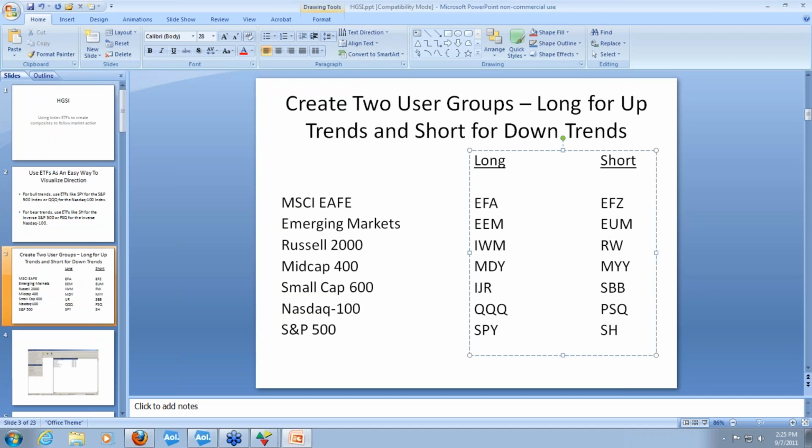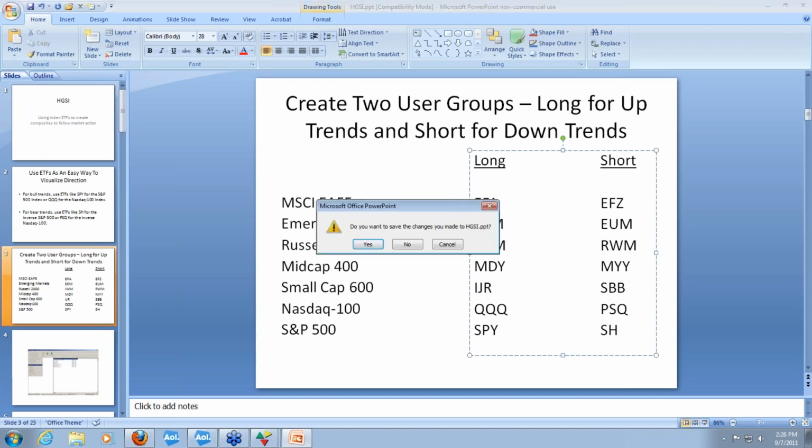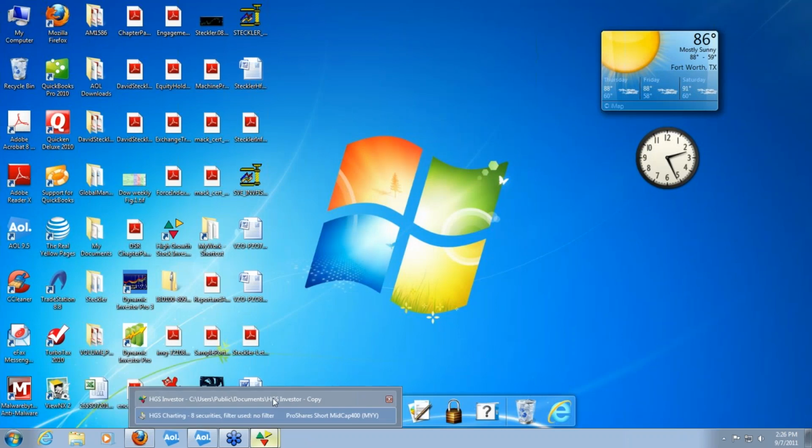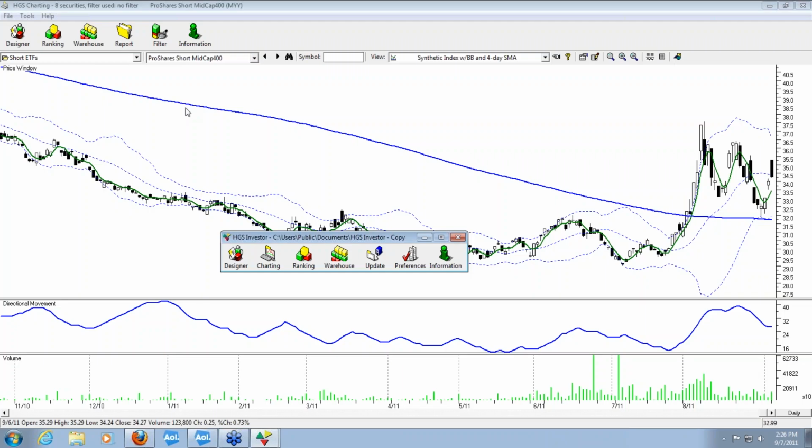That is an excellent question, and I will show you. And I'm going to show you using HGSI too. How about that? One of the ways to trade is to trade on strength. And you want to buy the strongest or short the weakest.